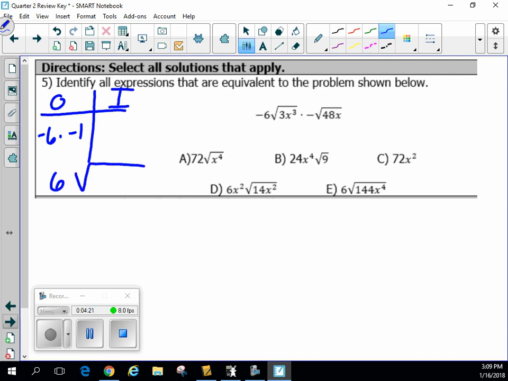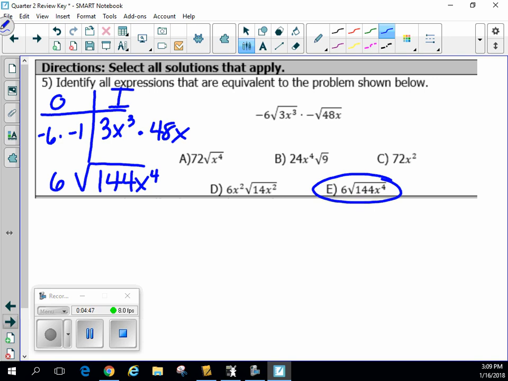Inside my square root, I have 3x cubed, and that is going to make 144 x to the 4th. I'm going to quick check my answer to see if any of those are an option. Letter E is the first one. But I need to keep going because it wants all the possible answers.